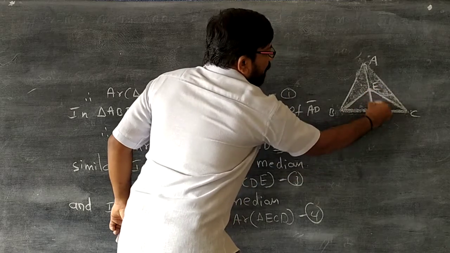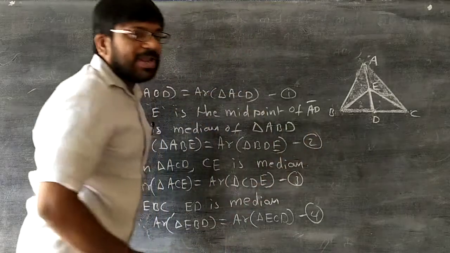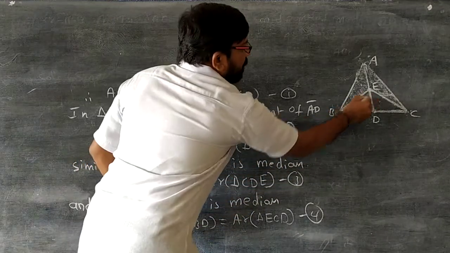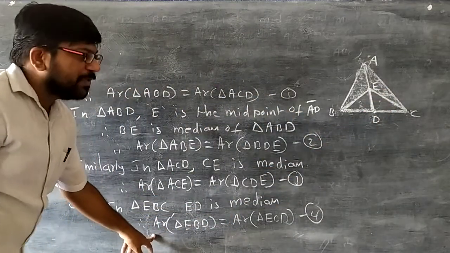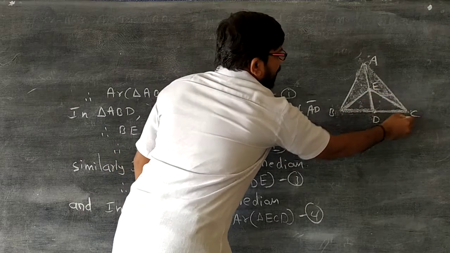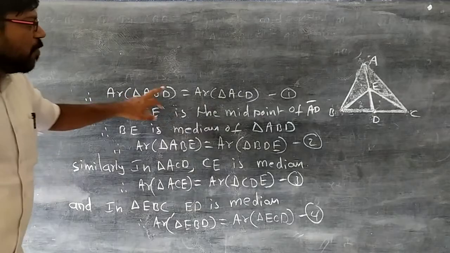ED is the median. This median divides it into two parts which are equal in area. In triangle EBC, ED is the median. Then the area of EBD is equal to the area of ECD, right? Call it equation 4.